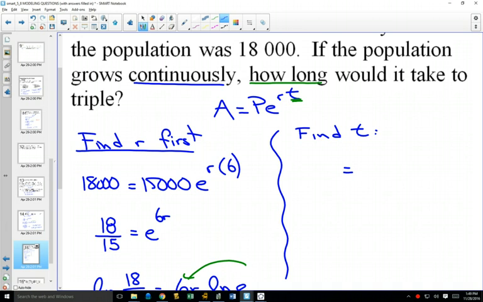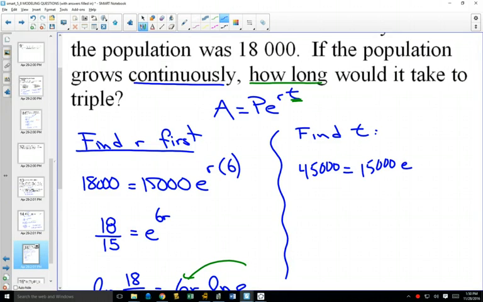But one of the things that people get confused on is they're like, should I use the 15,000 or should I use the 18,000? Does it make a difference? Well, if you use the 15, what number do you have to put here? 4,500. If you use the 18, then you'd have to put 54,000.